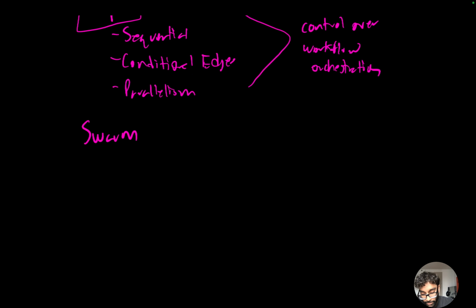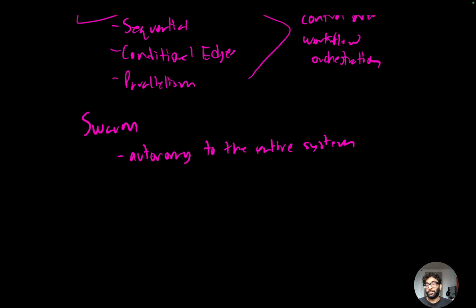In a swarm, we're giving back autonomy not just for an individual agent, which already existed within graphs when they're picking between tools, but we're giving autonomy to the entire system. So we're not following a supervisor with a bunch of sub-workers that you can pick from.